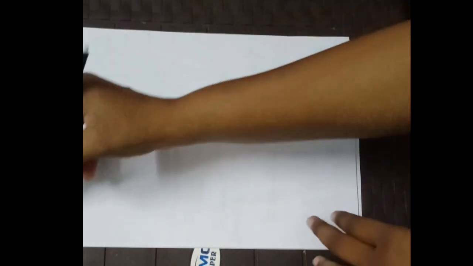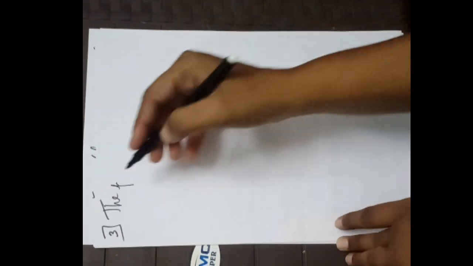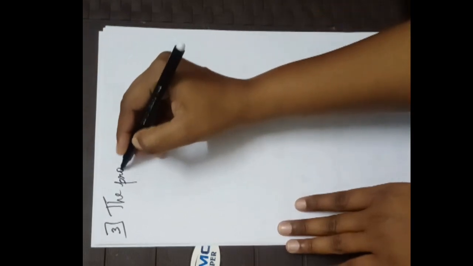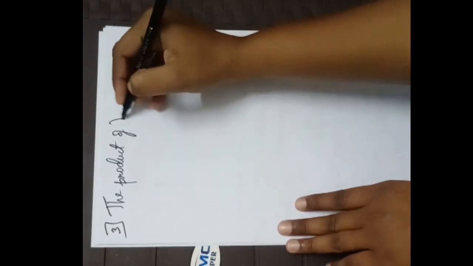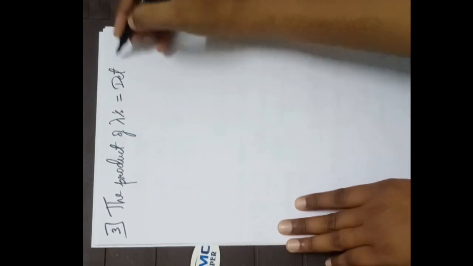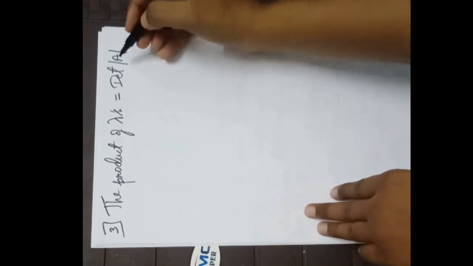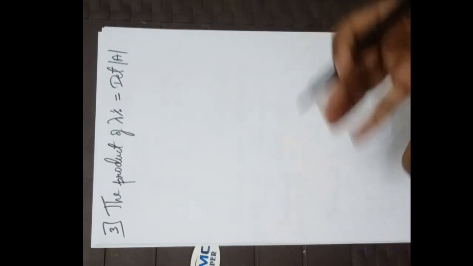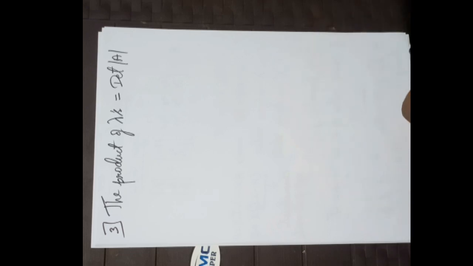Let's go to the third property: the product of the eigenvalues, the product of lambda, is equal to the determinant of matrix A. These are the important properties that we will find helpful in solving many problems.